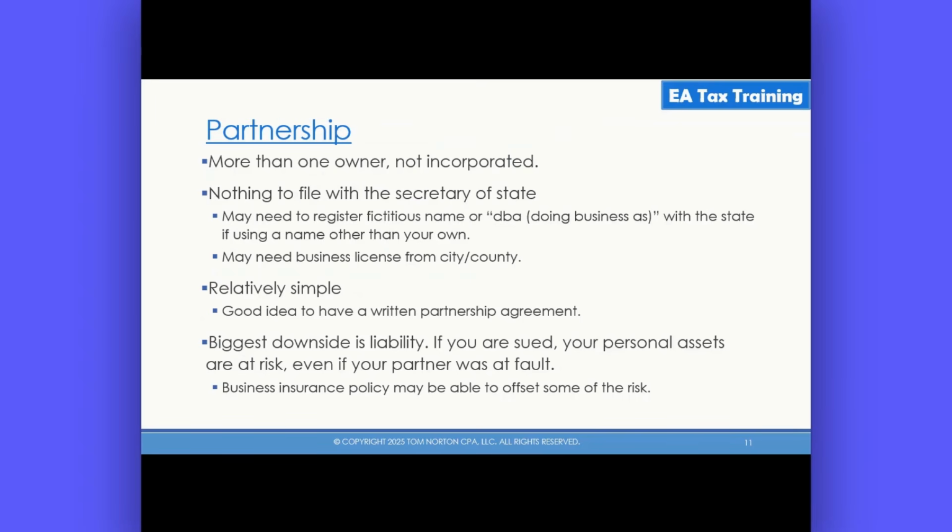So you are partners. If your partner does something wrong and you end up getting sued, then your personal assets will be at risk, even for the things that they did. Of course, you can still get business insurance to help offset some of that risk.